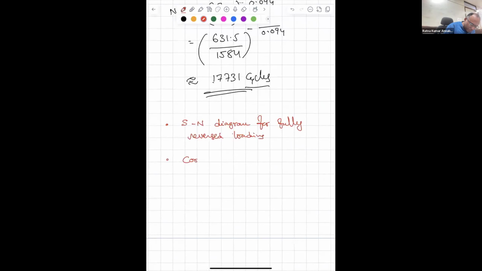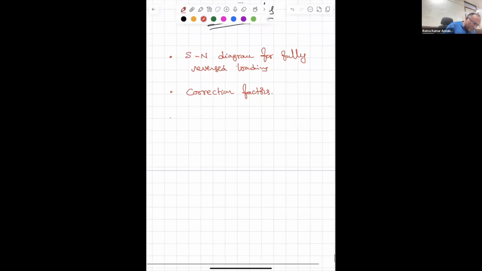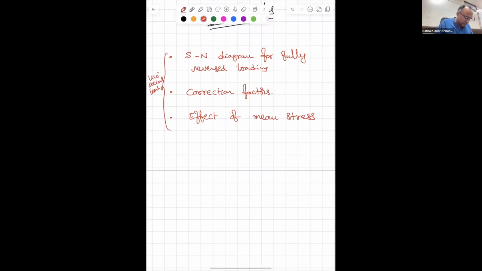Then we have introduced something called correction factors. And then we said, what is the effect of mean stress? All this done for uniaxial loading, right? And then we have said, okay, multi-axial fatigue.